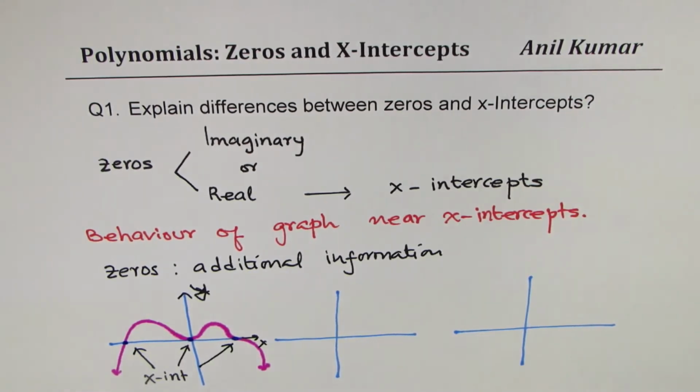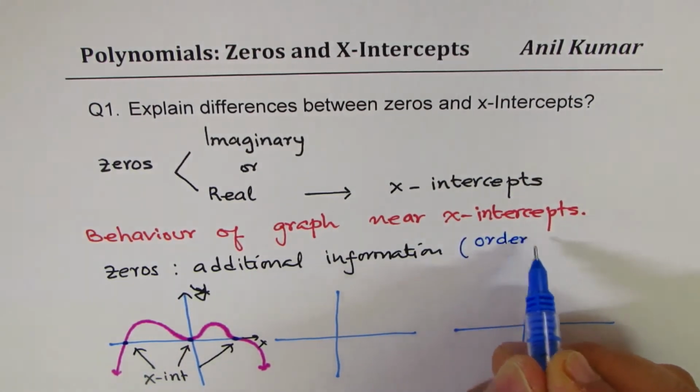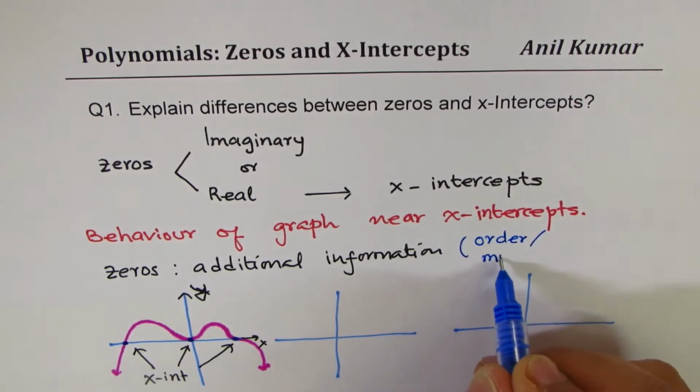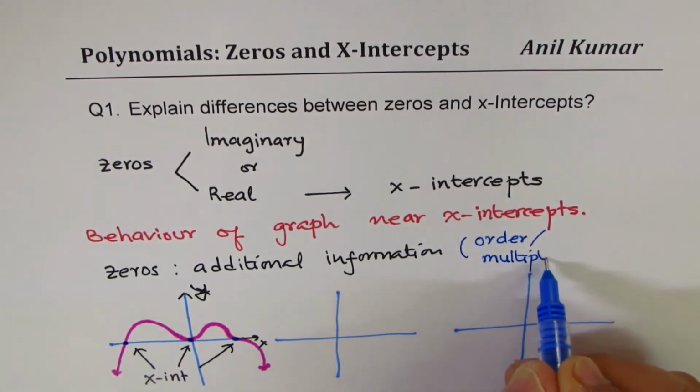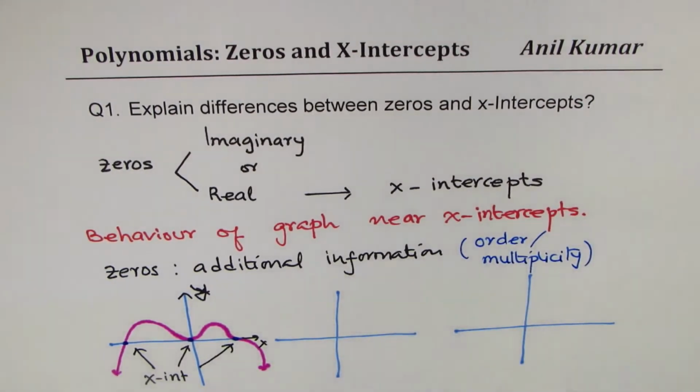Now, these are also zeros, but zeros have a hidden information which you could read that comes from the order of zero, and sometimes we say multiplicity. That is how many zeros are there at that x-intercept.